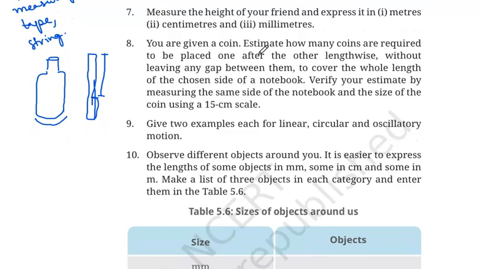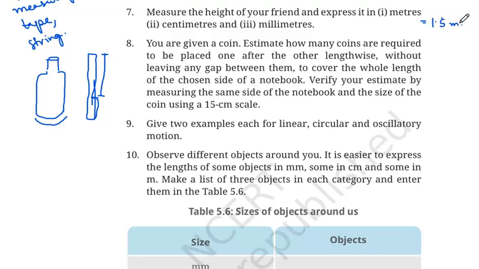Number 7. Measure the height of your friend and express it in meters, centimeters, and millimeters. Very simple. If we take an average height of a person, it is around 1.5, 1.6, 1.7 meters. Just take an average, okay?